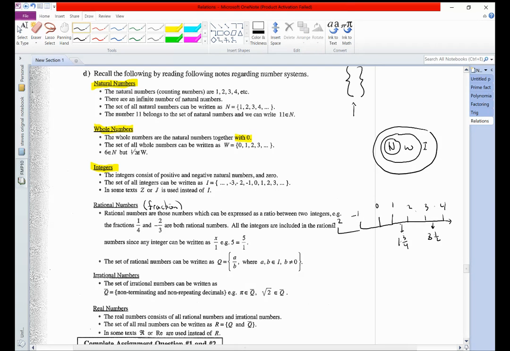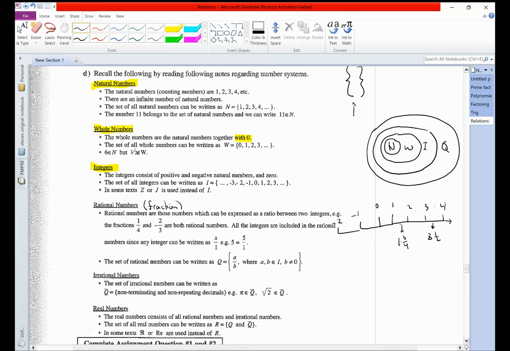And then the next one we are going to look at is irrational numbers. Rational numbers are represented by a Q. And irrational numbers can be any non-terminating, non-repeating decimal, basically.